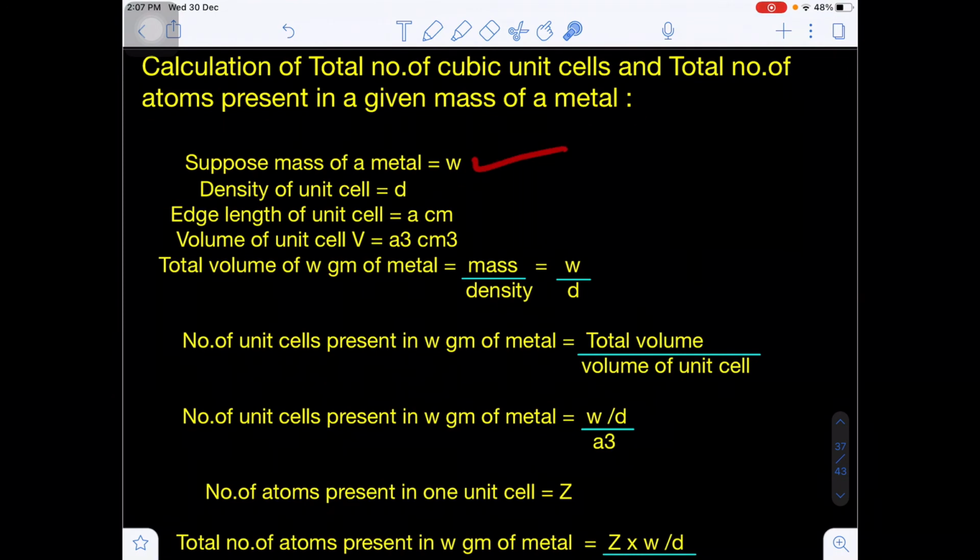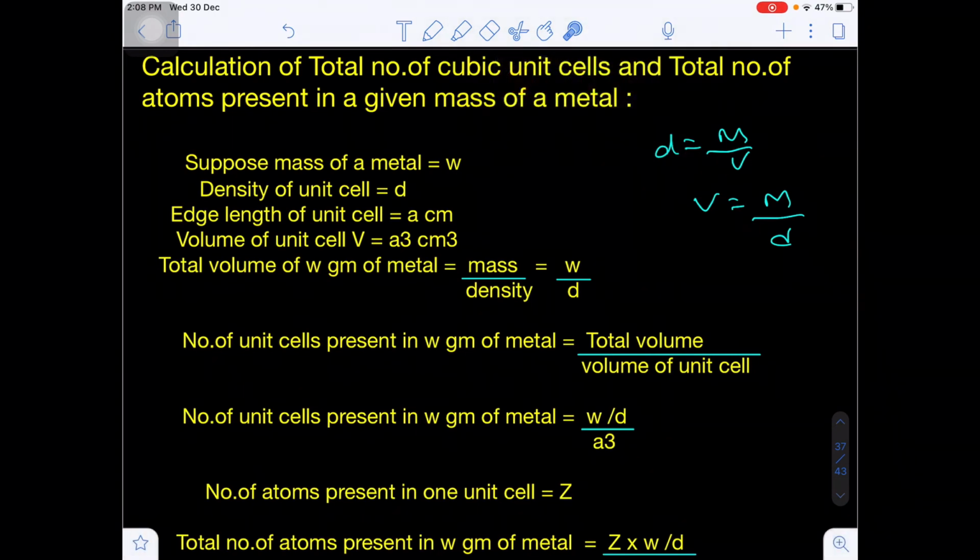Let's suppose we consider the metal of W grams, the density of the metal is D gram per centimeter cube, and the edge length of a unit cell is A. So the volume of a unit cell will be A cube. Now what I am trying to calculate here is the volume of W grams of the metal. We know density is equal to mass upon volume, so volume will be equal to mass upon density.